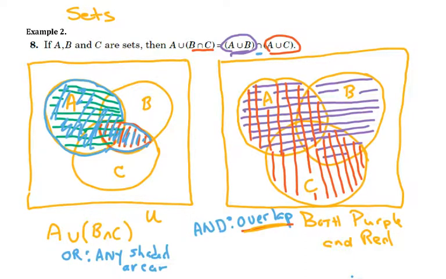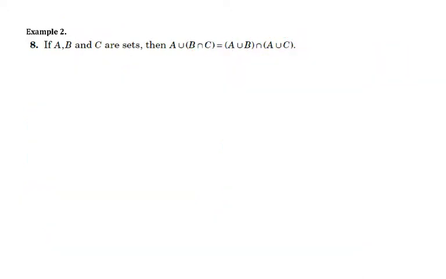So let's see where that happens. You'll notice I'm outlining exactly the same shape. So we know they're equal.